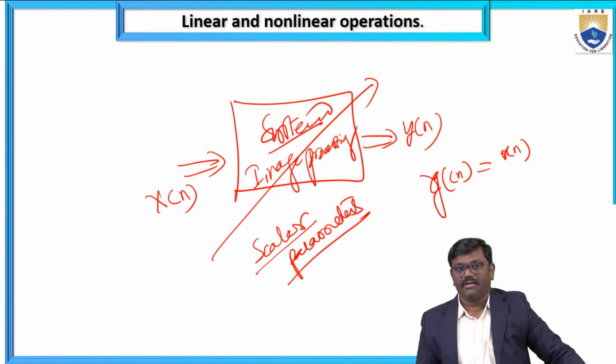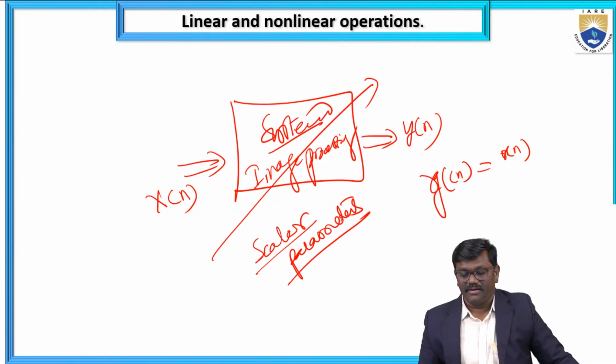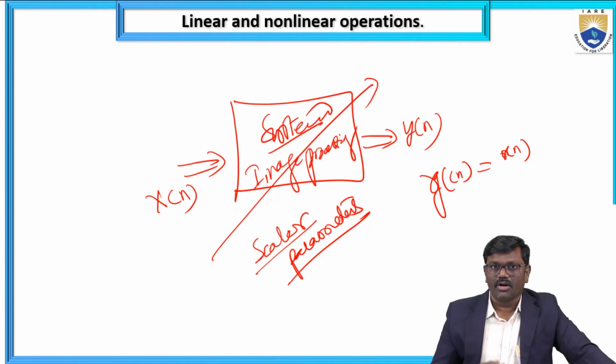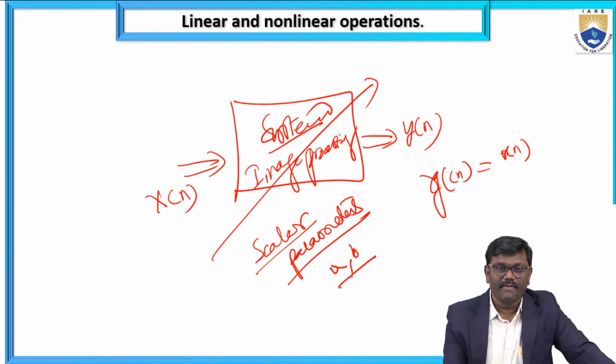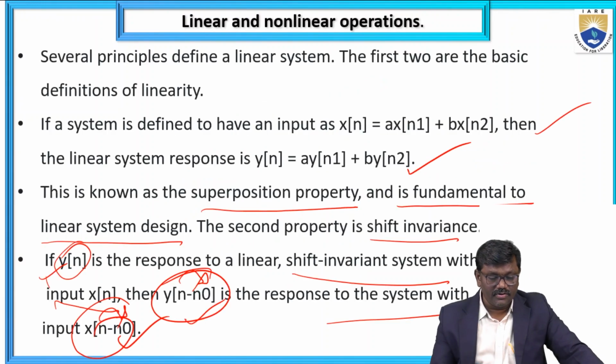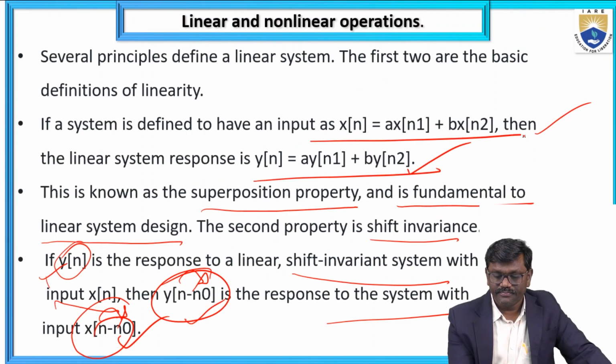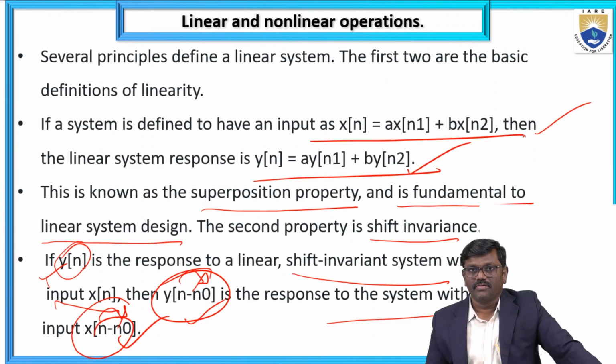If you are applying it in between two images, you may choose two parameters, a comma b. Based on that, your equation is satisfied here.